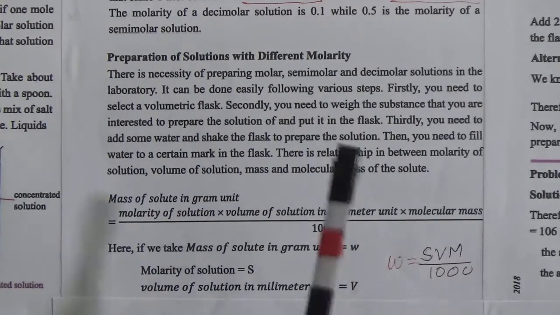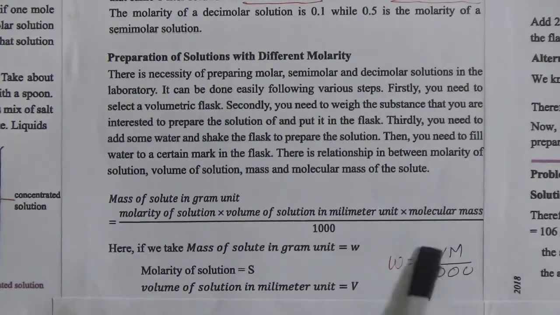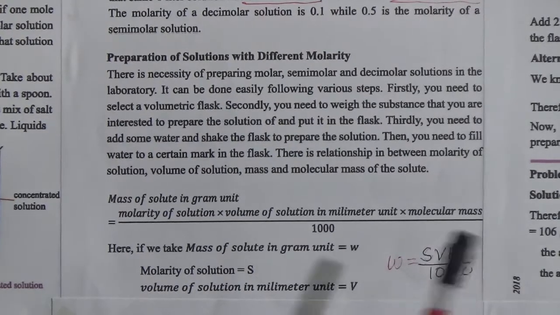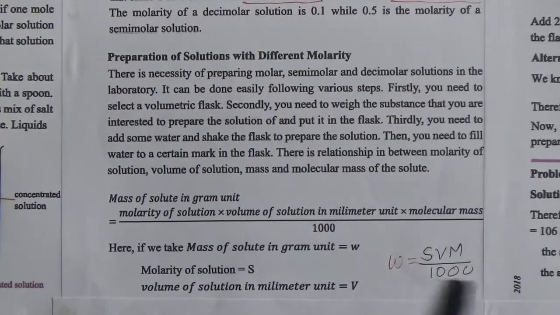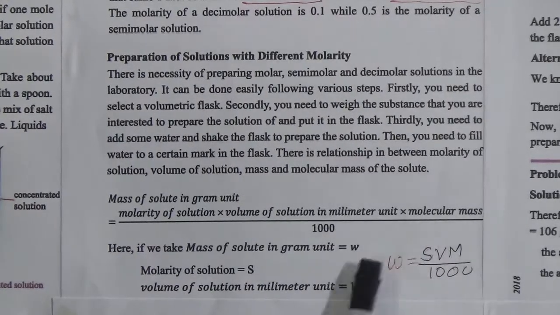If we divide these three by 1000, we will get the W's value. If we have any three, that means W, S, V, M, any three, we can easily find out the next one by using this formula.